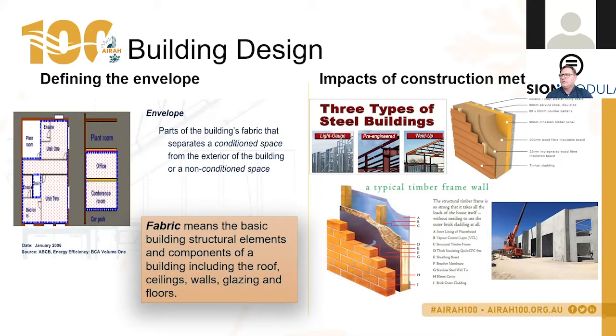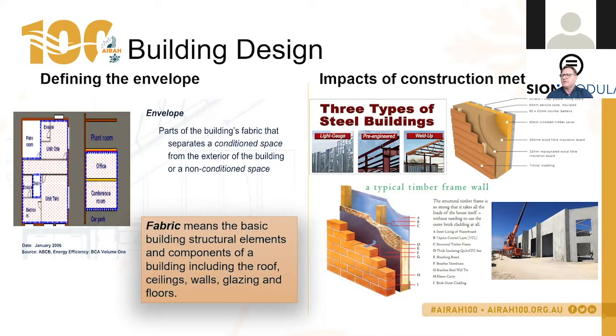Now, in different types of construction and different types of buildings, we have, say, a steel frame building or an all timber building or a brick veneer style timber construction as examples here, and then also concrete tilt panel construction. Depending on the type of construction, where and how insulation can be applied to the building fabric will vary.